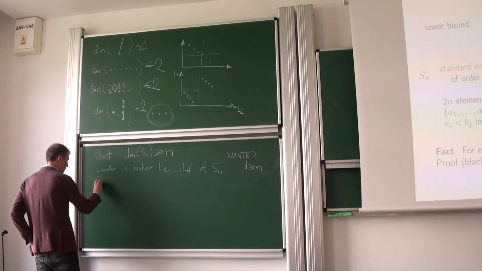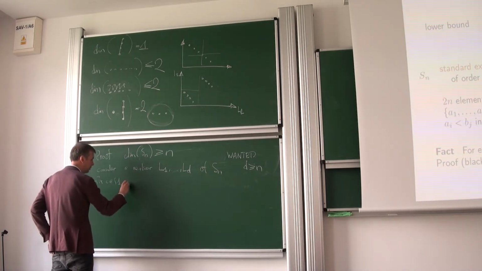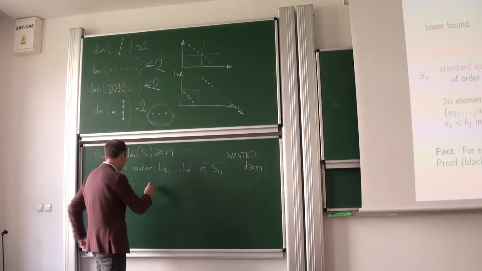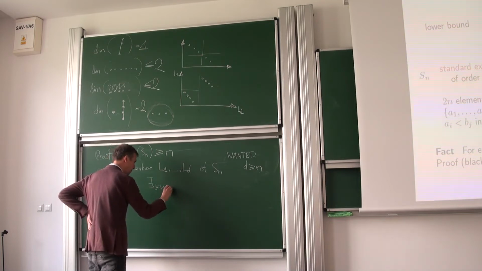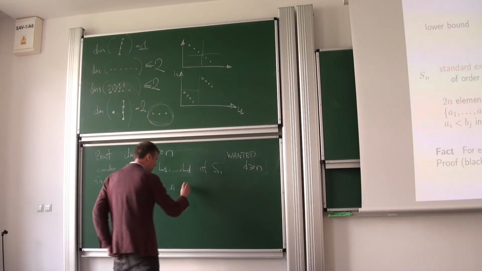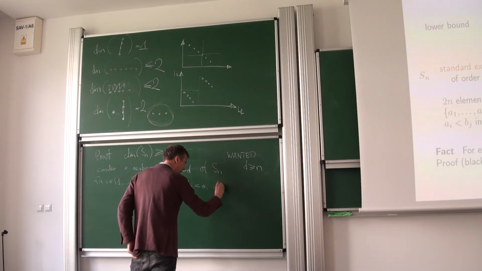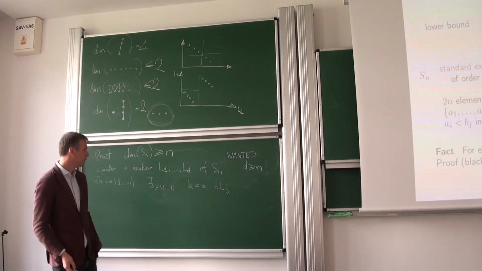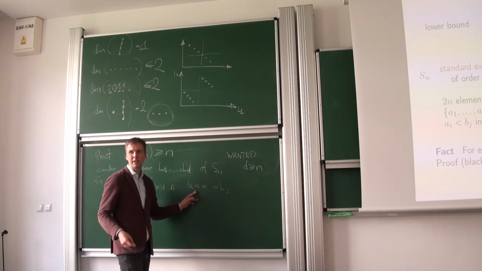Fix i in 1 to n. Since this is a realizer, there exists j in 1 to D such that Bi is less than Ai in Lj. Okay, that's a pretty strong requirement. How does the Lj look like?